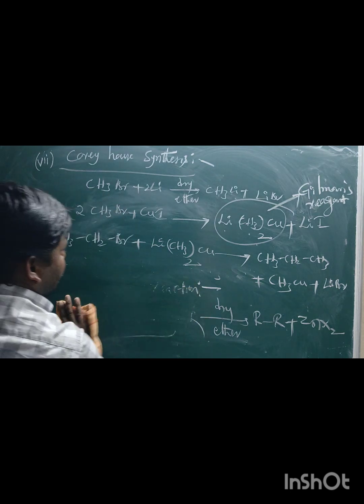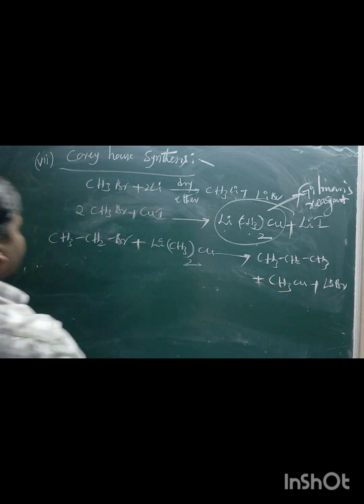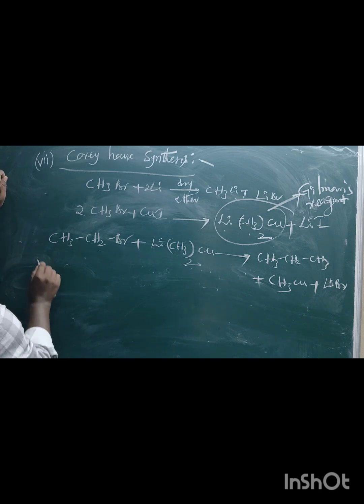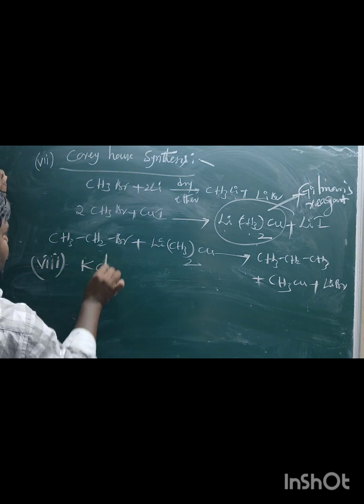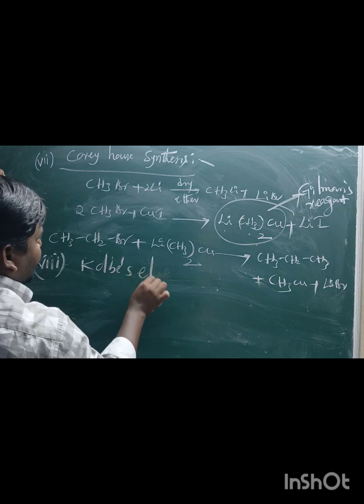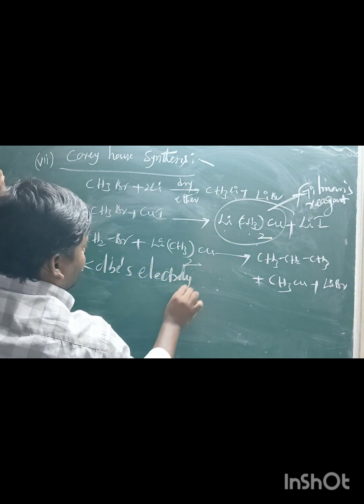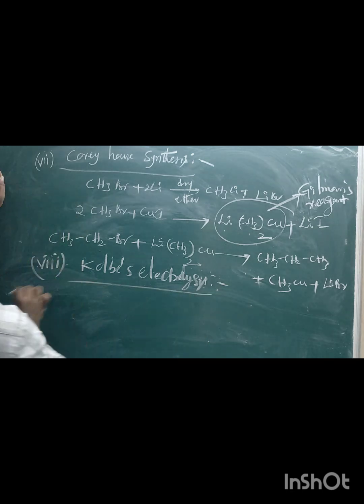Kolbe electrolysis method. Here, by the electrolysis of a concentrated aqueous solution of alkali, meaning sodium or potassium salts of saturated monocarboxylic acids, using platinum electrodes, alkanes can be prepared.